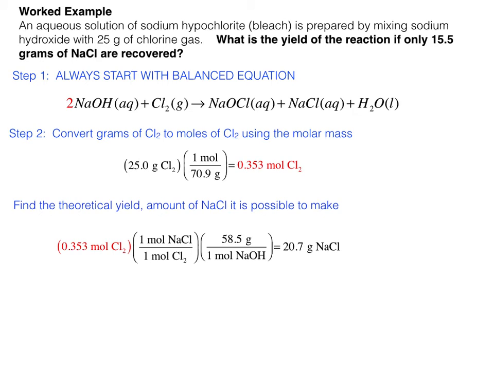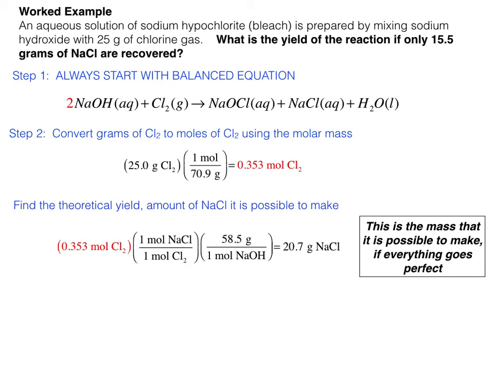Now, what does that tell us? That tells us if 25 grams of chlorine gas react, the theoretical yield is 20.7 grams of sodium chloride. But in the problem, we're told we only actually isolated 15.5 grams, right? So that 20.7 is the theoretical maximum amount we can get if everything went perfect.